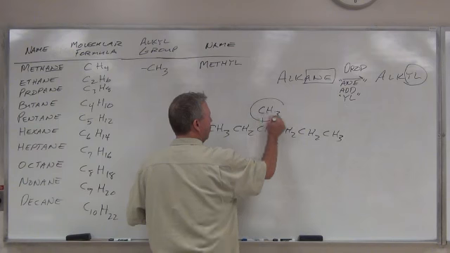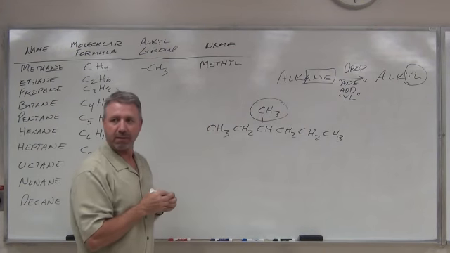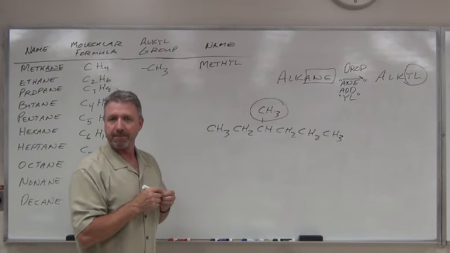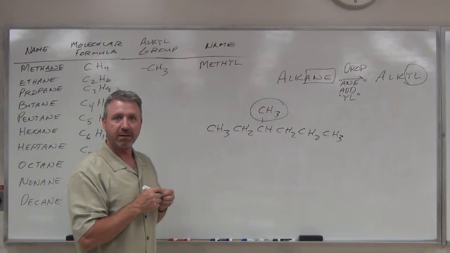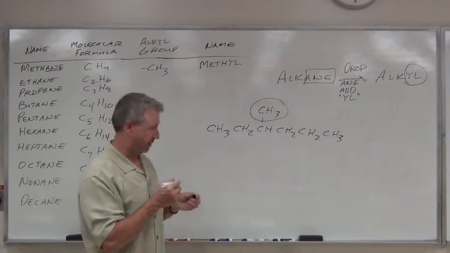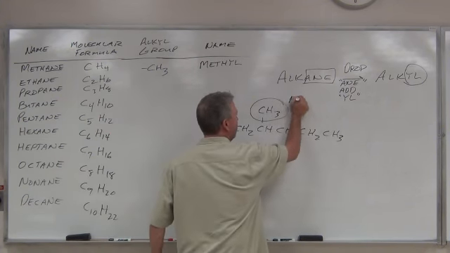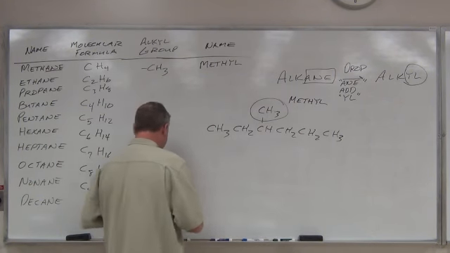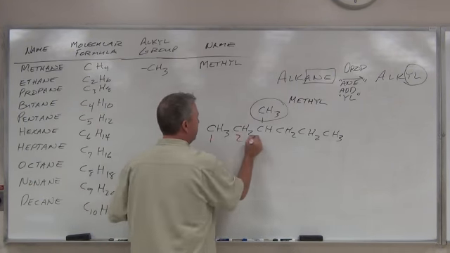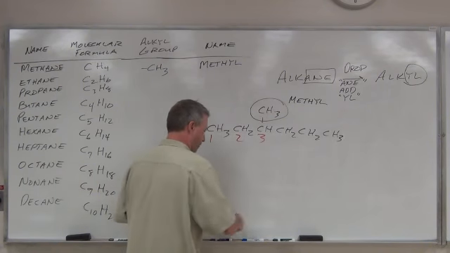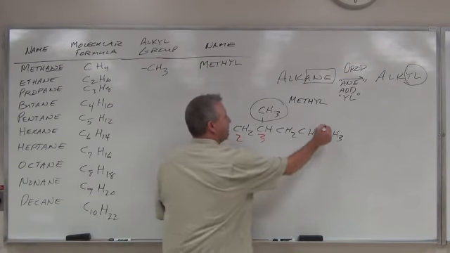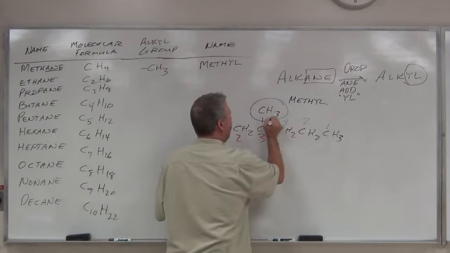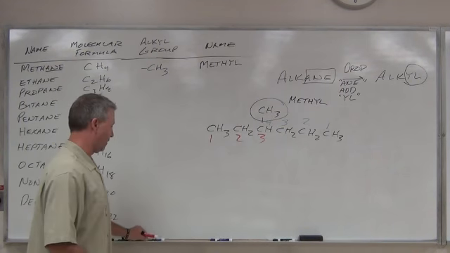We have one group substituted. What's it called? Methyl. We number our chain the same way. What do we got? 1, 2, 3. If I go left to right, I got blue now. 1, 2, 3, 4. Oh, I don't want to pick the blue way.